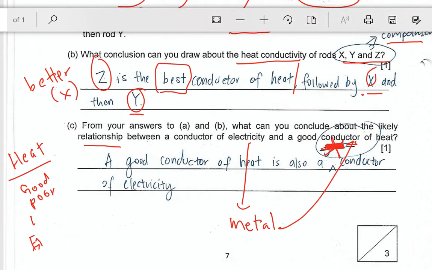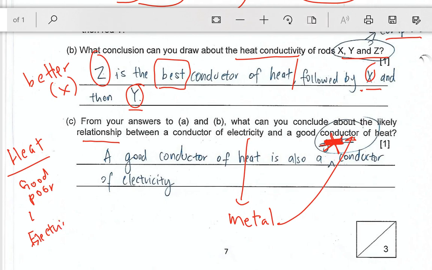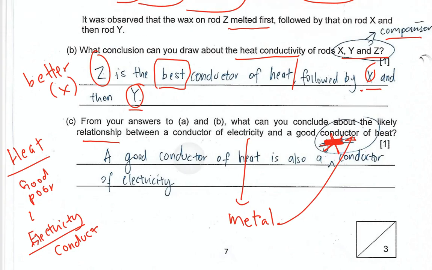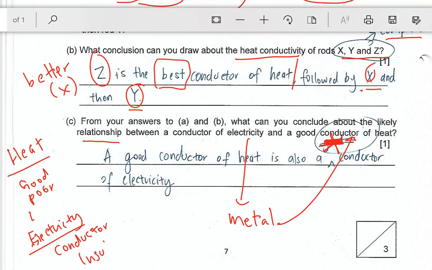Whereas for electricity, we can only talk about whether it is conductor or insulator. So you see the differences. There's no such thing as poor conductor of electricity. If it conducts, it will conduct. Alright, it's not a matter of whether poor or good. But if it doesn't conduct, it is insulator.